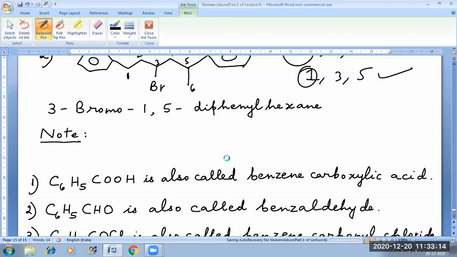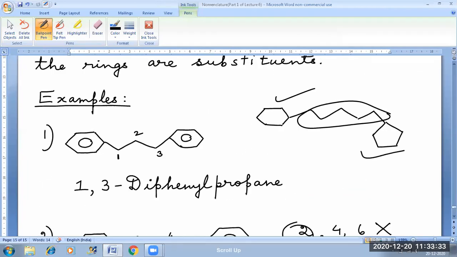Okay. So this actually was a continuation of the previous lecture. Now today's lecture will start with the last part. We can note down this part, the note thingy. No, not required. You can just note down the examples which I wrote above for the compounds having two or more than two aromatic rings. Like these two examples.